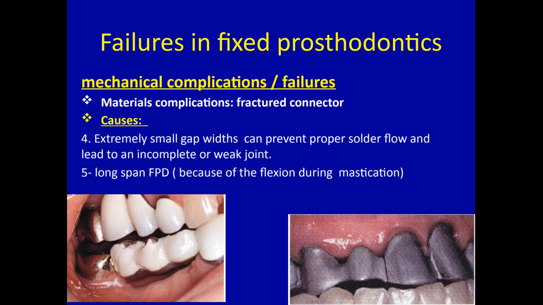Or in the case of a long span FPD, such as in this case, a 5 unit FPD, there is friction of the FPD during mastication, and the friction will result in fracture of the connector between the retainer on the last abutment and the mesial pontic.